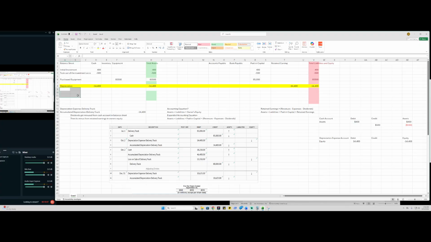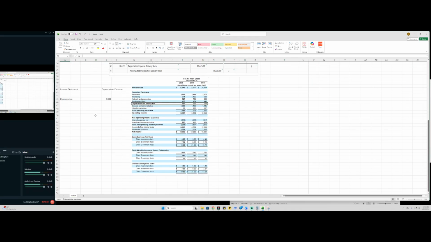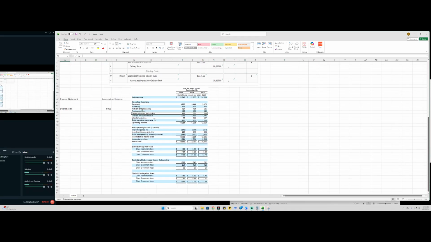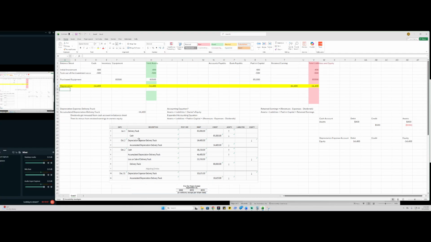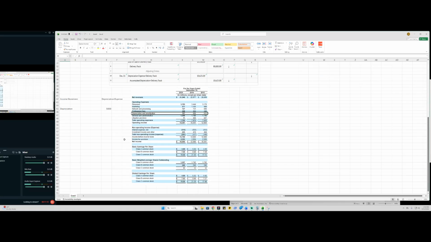It would just be the total depreciation of all the accumulated items, and you would write that in operating expense. That's how you create journal entries for calculating and keeping track of depreciation, how you write that in the balance sheet, and how that shows up in the income statement.